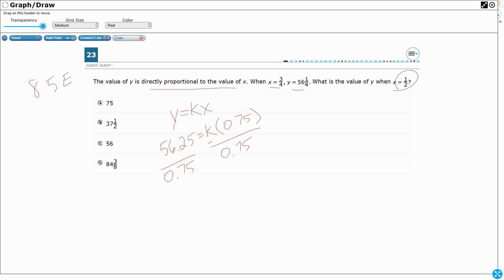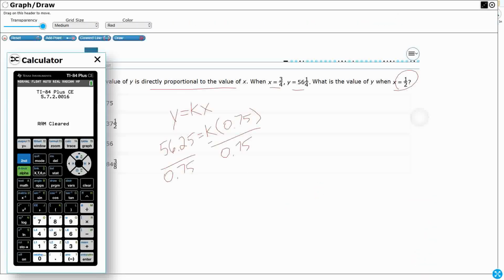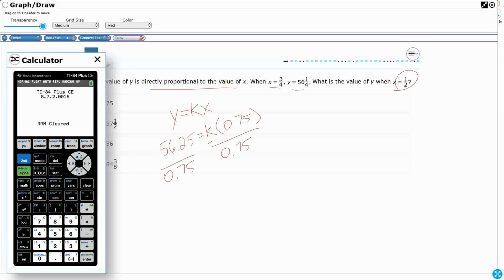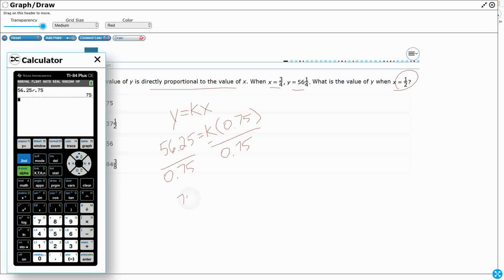So let's pull out our calculator here. And let's do 56.25 divided by 0.75. Okay, so 75 equals k. So now I can plug that back in here. I'm looking for what is the value of y when x equals 1/2.